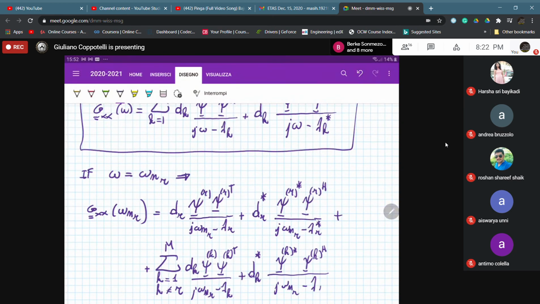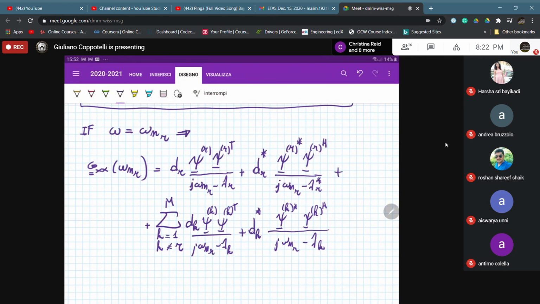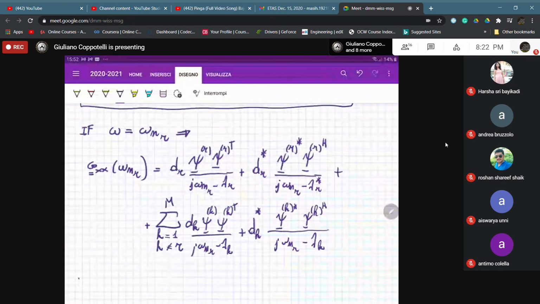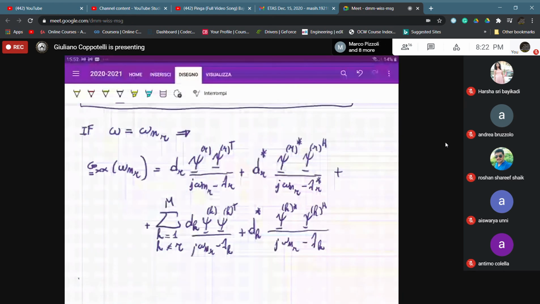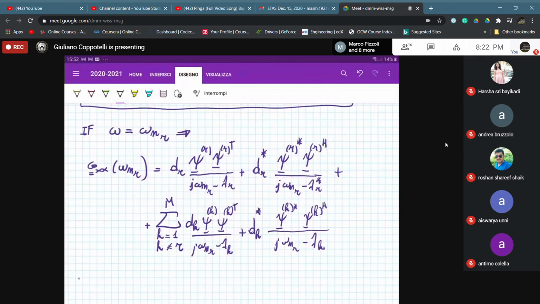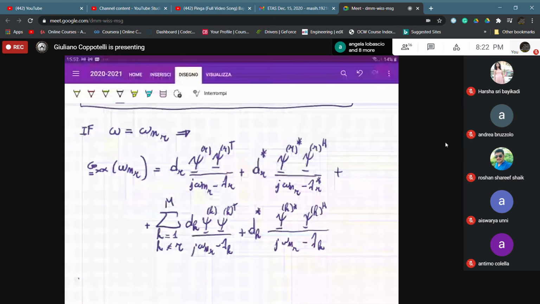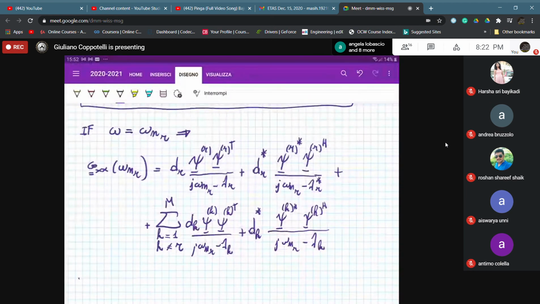But if we are under a single degree of freedom system hypothesis, that is at the resonance condition, just the natural mode that we are considering is important to the response, and that hypothesis is most of the time a good one, then this term could be considered as a higher order term.